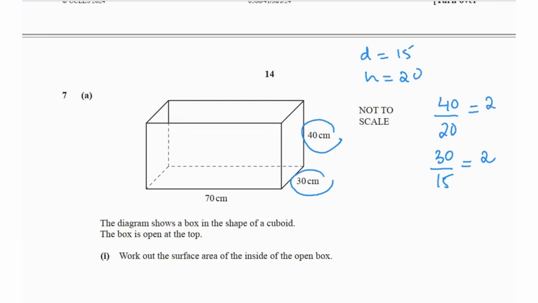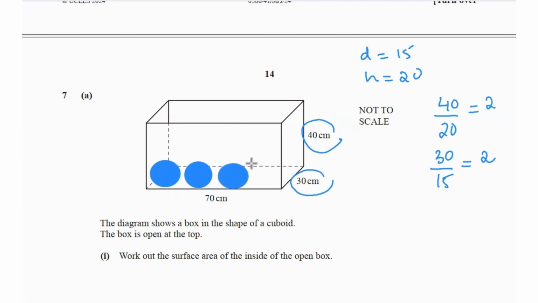So that means we can make 2 columns and 2 rows of the cylinders. 70 is the length over here. So 70 divided by 15 is going to give us 4.